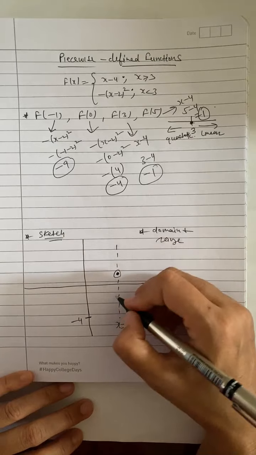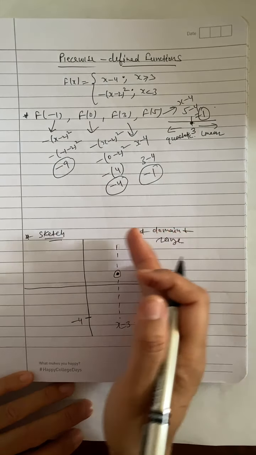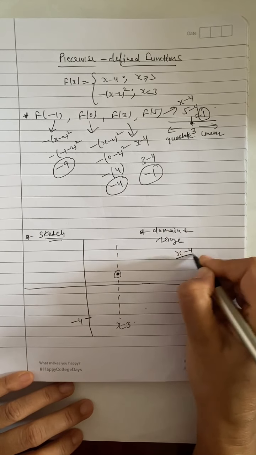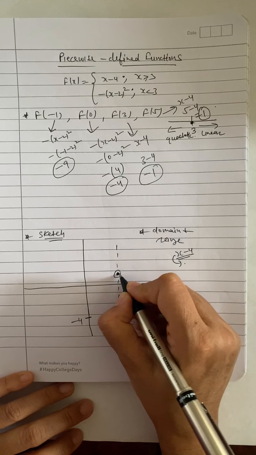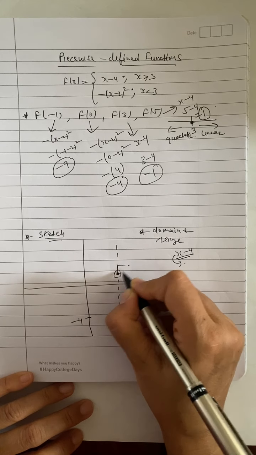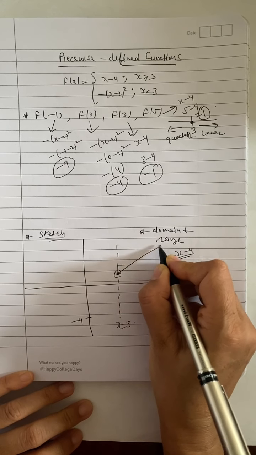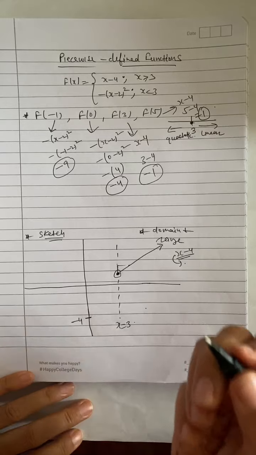For the linear piece, on the right hand side, greater than 3, the function is x minus 4, which means the slope is 1. So if I go one step up and one step right, the line is going to look like this. It's a sketch, so we don't have to worry more about it.